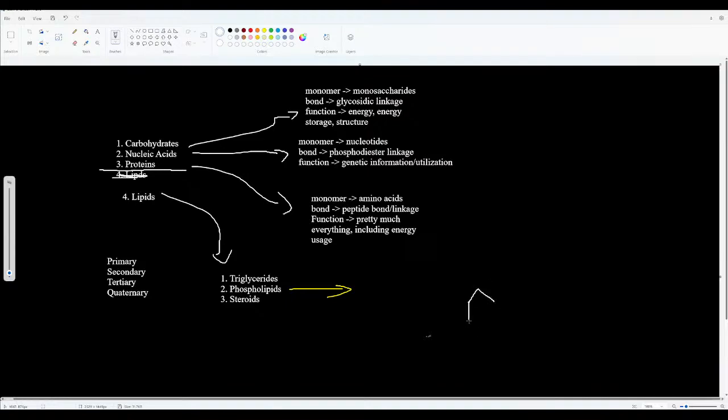So when we have these sort of 3 hexagons, plus the 1 octagon, what the hell am I talking about? Plus the 1 pentagon. This is the basic structure of a steroid. Now, in the case of like testosterone, we might have like a double bonded O down here, or in the case of estrogen, it might be an OH.